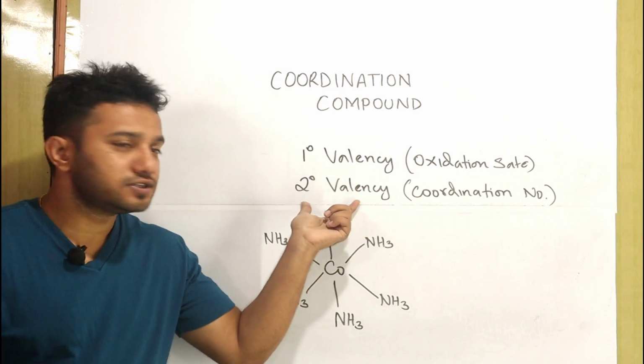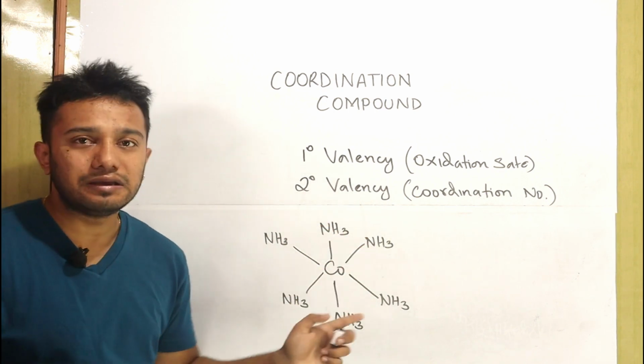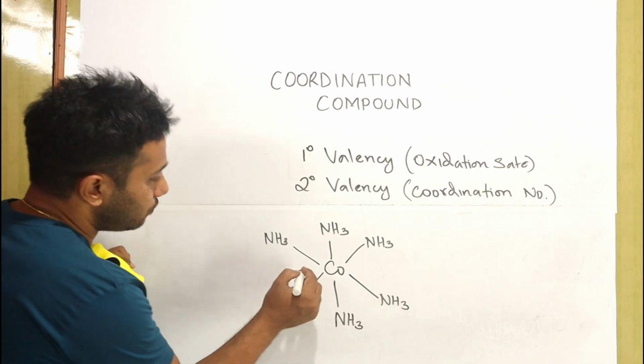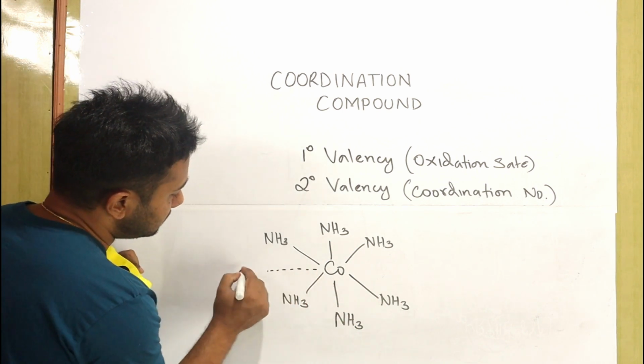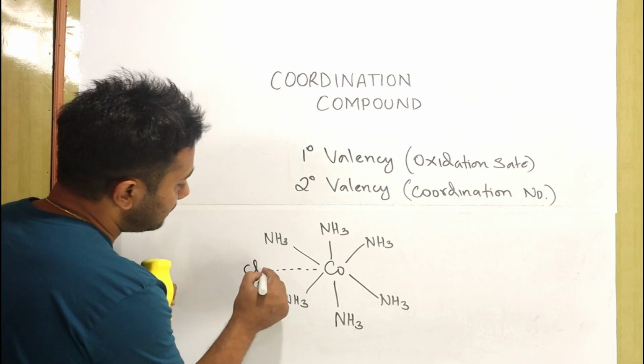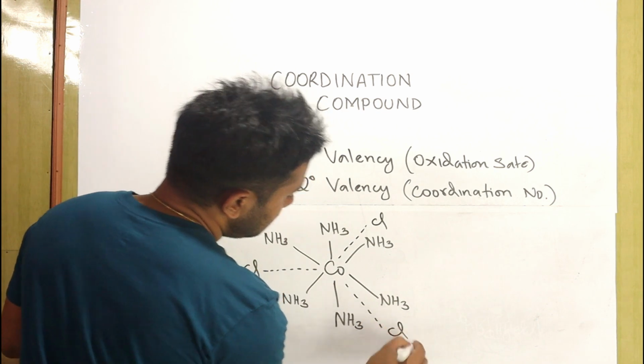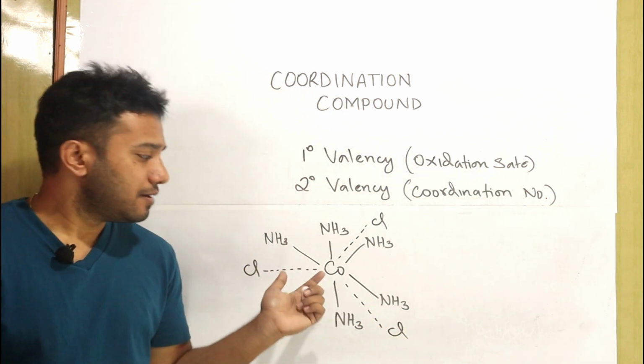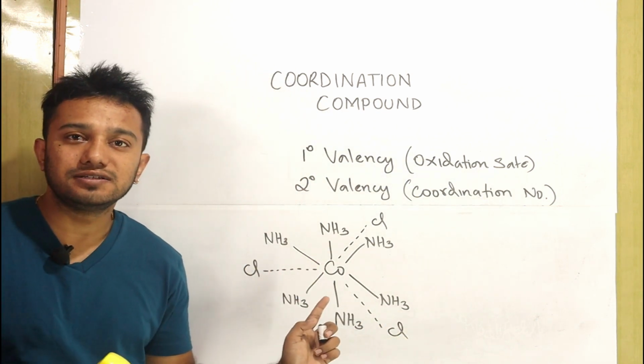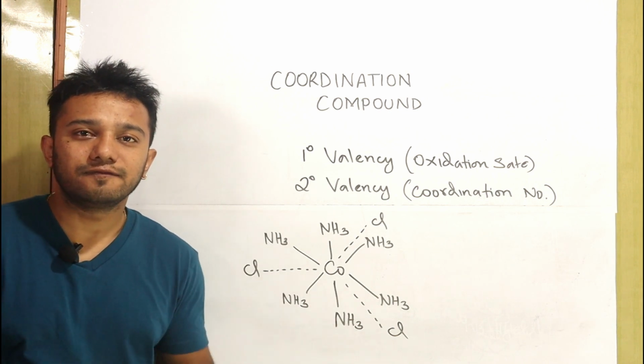So coordination number or secondary valency is represented by a dark line, whereas primary valency is represented by a dashed or dotted line. So these dotted lines represent primary valency, whereas the dark lines represent secondary valency.